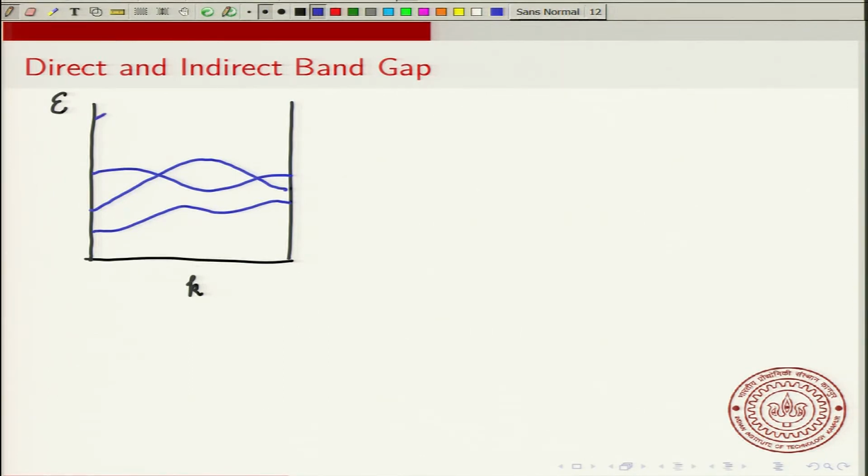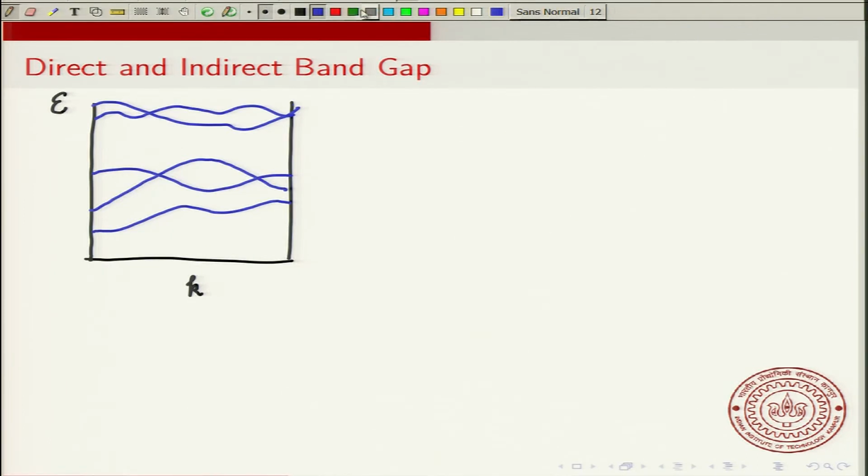Let us look at a band structure like this.